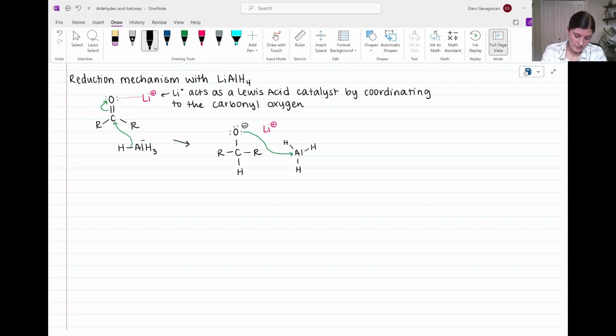This forms another intermediate, still tetrahedral as it is in the past step. Now this oxygen has a bond to the aluminum. Aluminum's now negatively charged, and we still have that bond from the carbonyl carbon to the hydrogen. We have the charge balanced by the lithium cation.